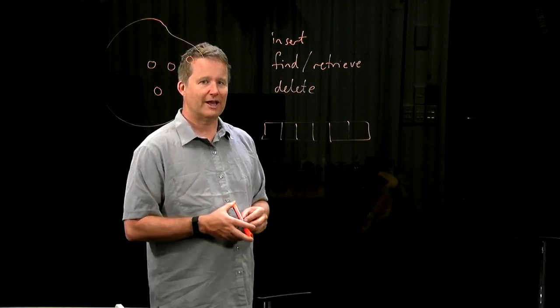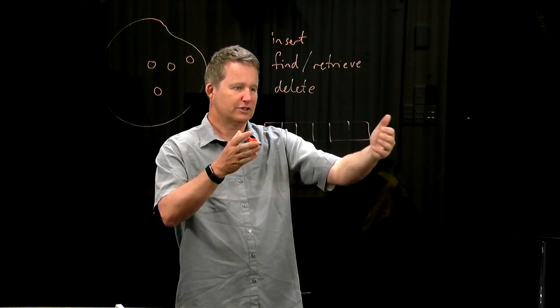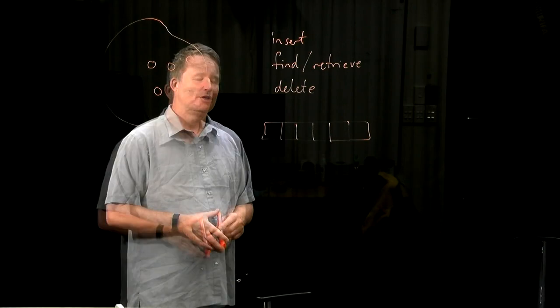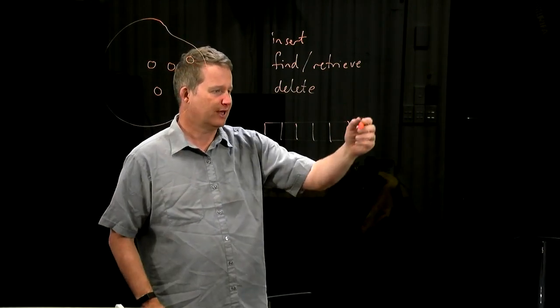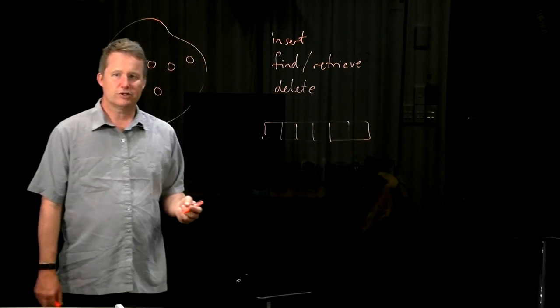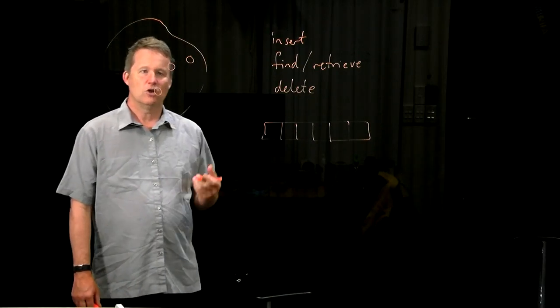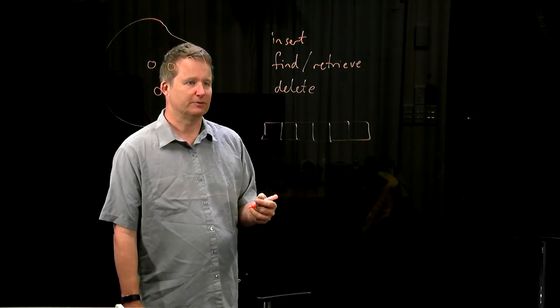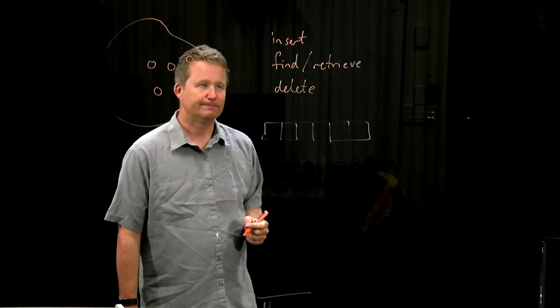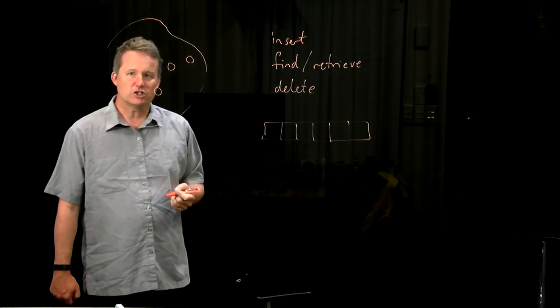I'm not going to go into that here. Let's assume we have a list that's not going to be over full. We can just insert at the end in constant time. We can also insert in constant time, obviously, with a linked list, because we just stick the pointers in the right place. So insertion is quick.